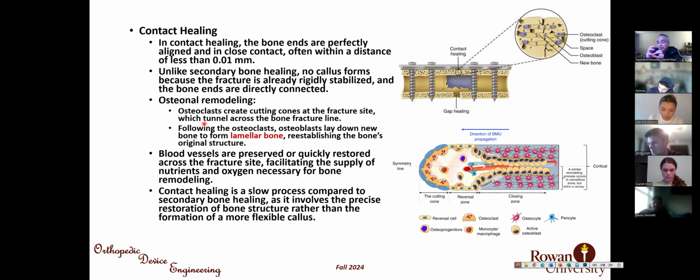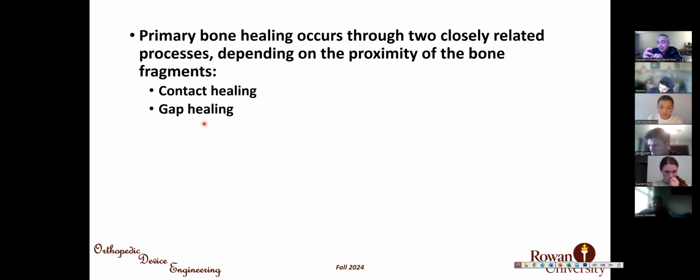If this gap is between 0.1 millimeter and 1 millimeter, in other words, 1/10 of a millimeter to 1 millimeter, gap healing happens. The name shows there is a little gap. If the gap is less than 1/10 of a millimeter, 0.1 millimeter, then contact healing happens.